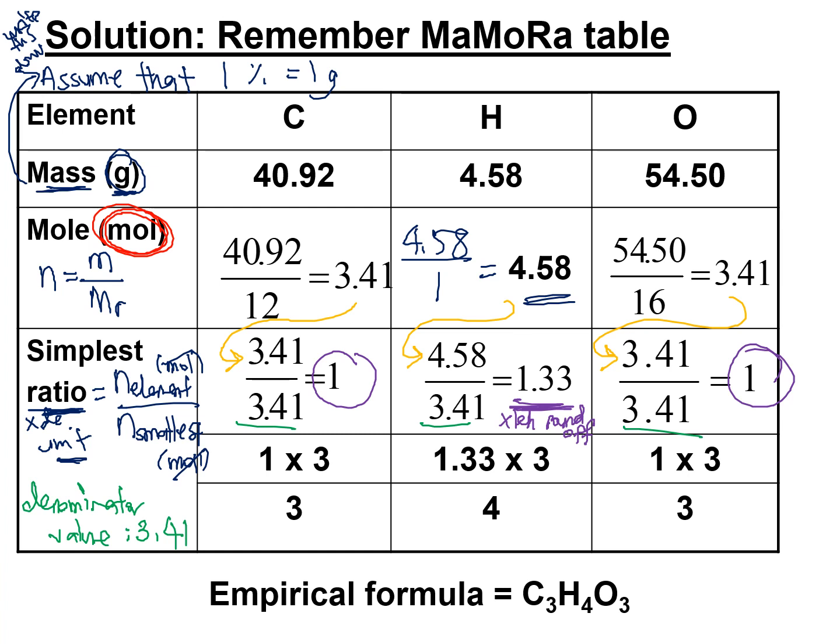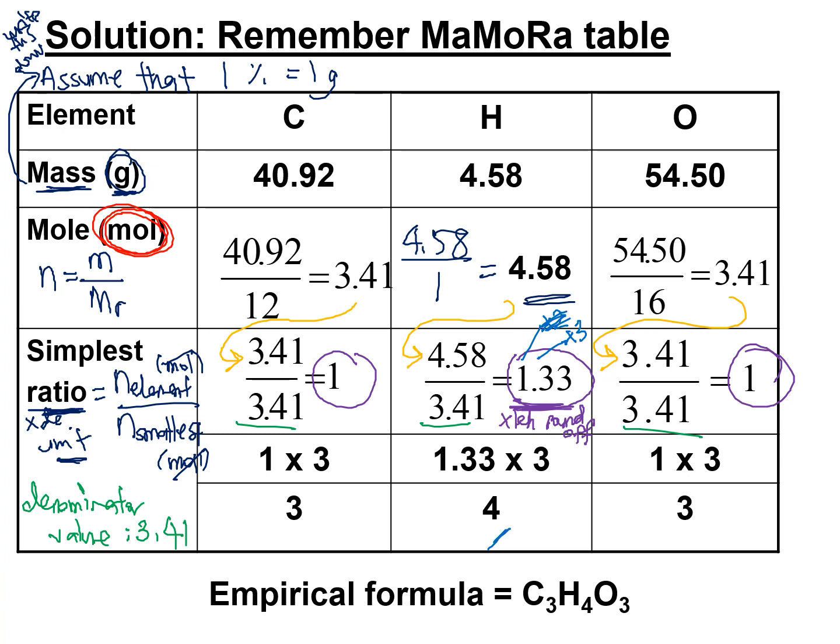You kena darab 1.33 ni with a factor sampai kamu dapat nombor bulat. Okay. Sebagai contoh 1.33 ni, you kalikanlah dengan 2. Kalau kalikan dengan 2 still tak dapat lagi nombor bulat, so you tak boleh kalikan dengan 2. Next, you try and error, you kalikan dengan 3. Kali dengan 3 dapat nombor bulat.